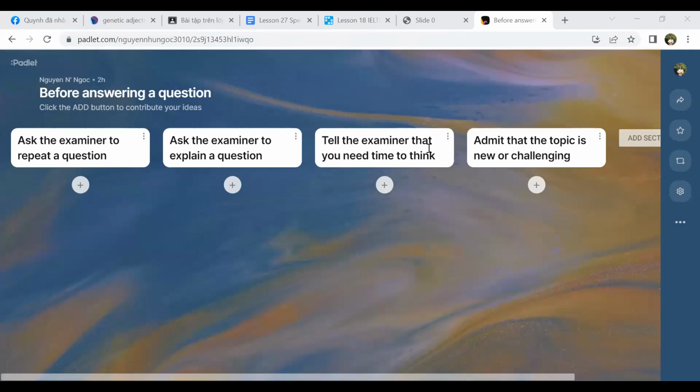You don't want to be silent out of the blue, and you want to tell the examiner that you need some time to think, what would you say? And the last, if the topic is very unfamiliar, very challenging, and yes, it's okay to admit that the topic is difficult for you, what would you say? Okay, you can start at any column here. I'm waiting for you guys on Padlet. Let's get the link in the chat box and contribute your ideas. I'm waiting for you on Padlet, everybody.